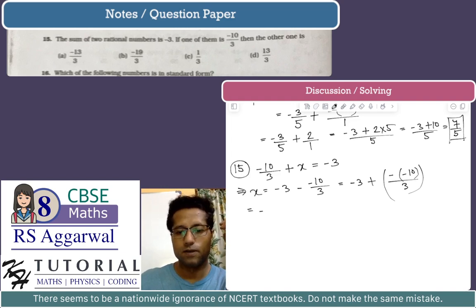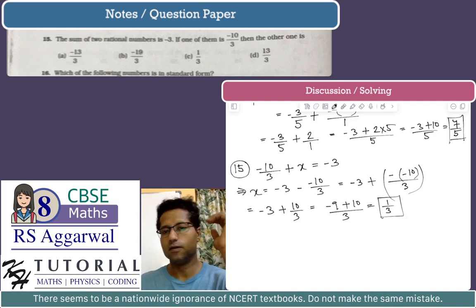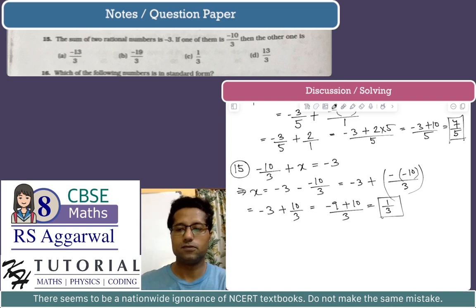This is equal to minus 3, negative of negative 10 is 10, we have 10 by 3. So this will be minus 9 plus 10 by 3, this will be 1 by 3. So the other number is 1 by 3. So the correct choice is C.